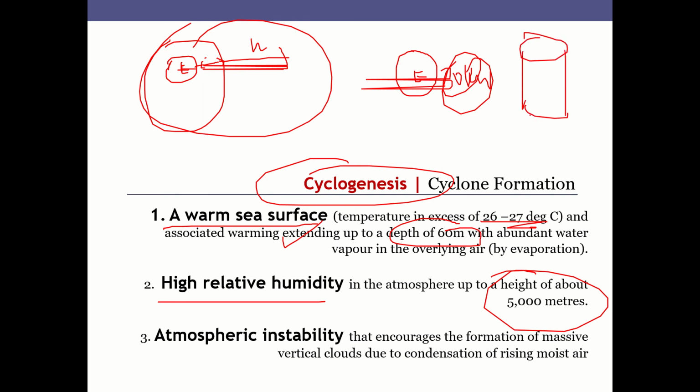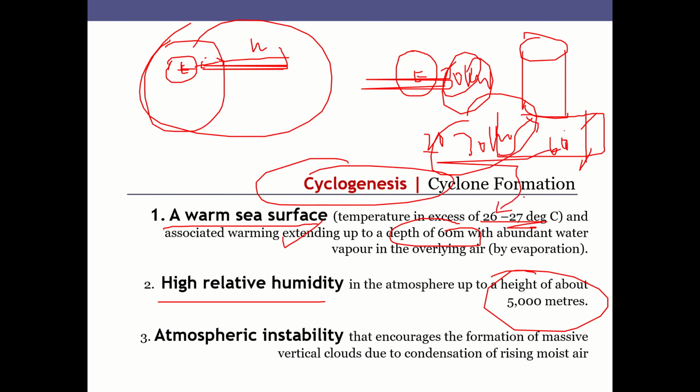Okay, the radius we already discussed can be up to 20 to 30 kilometers of the sea surface, and the water in these surfaces up to a depth of 60 meters can have a temperature of more than 27 degrees Celsius. Because of that, high relative humidity can be observed in this region.